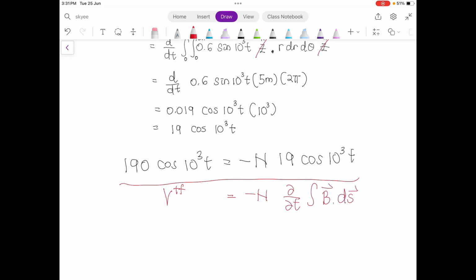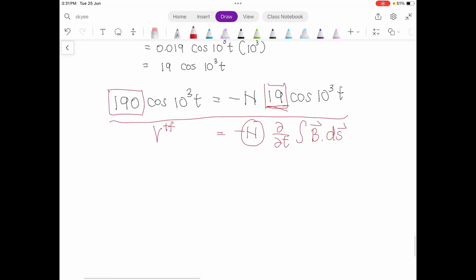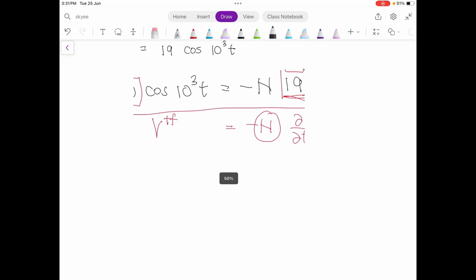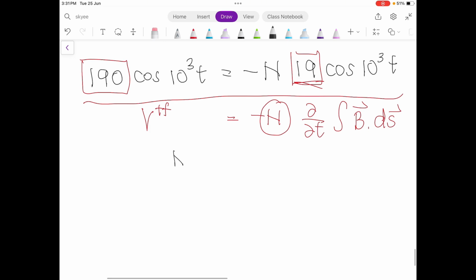So obviously you need to compare the terms, the values here. How to make the 19 become 190? This is easy. From here you can know that N is equal to 10.